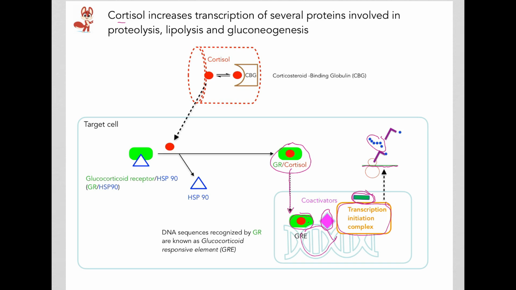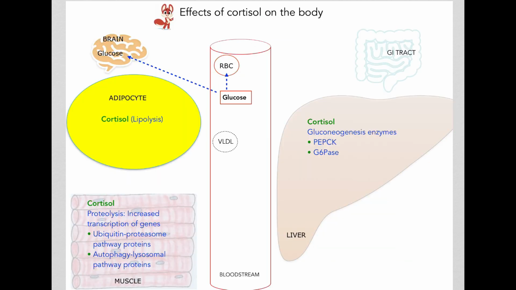So cortisol basically increases the transcription of several proteins that are involved in proteolysis, in lipolysis, as well as in gluconeogenesis. In the liver cells, cortisol will increase the amount of the gluconeogenesis enzymes such as PEPCK, as well as glucose 6-phosphatase, and that will increase gluconeogenesis.